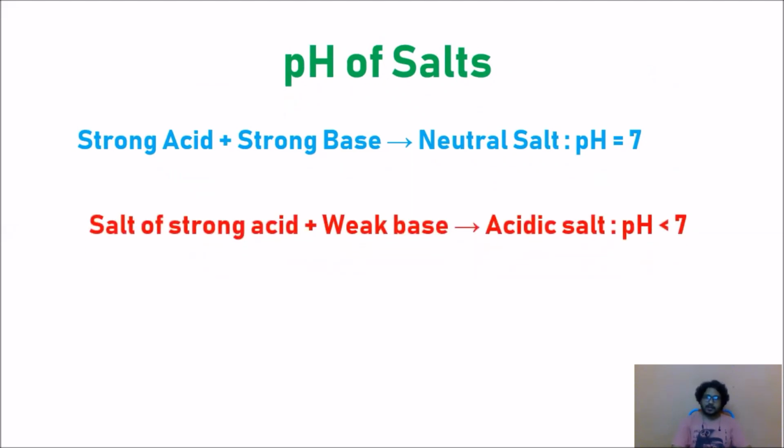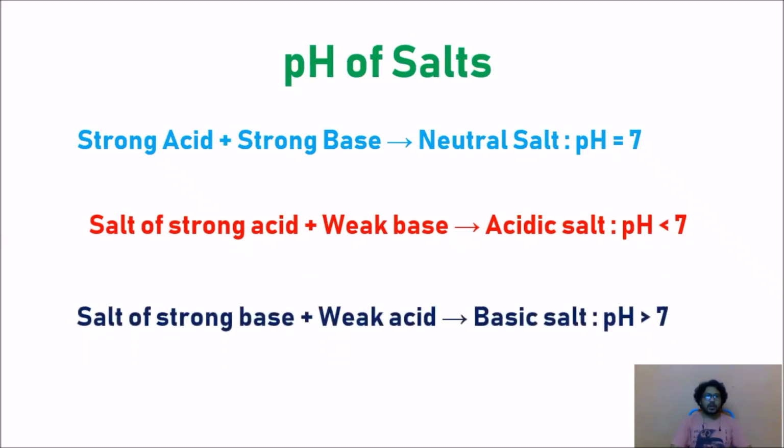Strong acid plus weak base, it is acidic salt. Its pH value will obviously be less than 7. And strong base plus weak acid, we get basic salt. Its pH value is greater than 7.